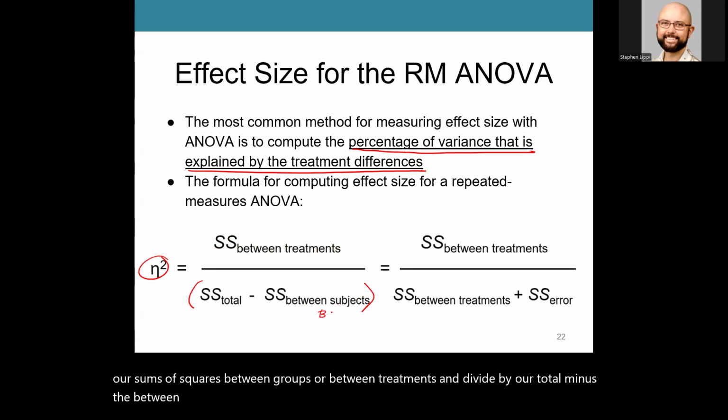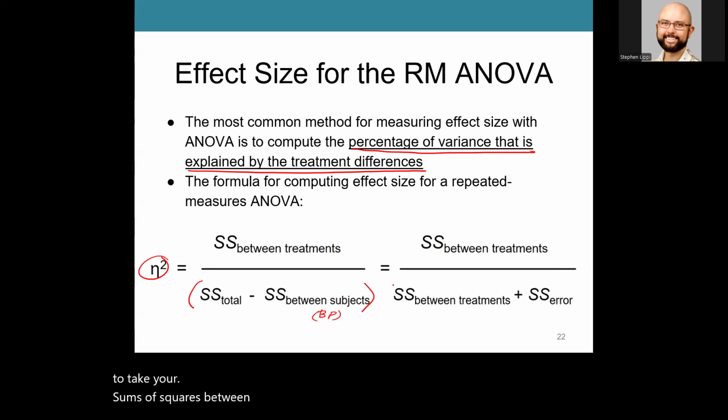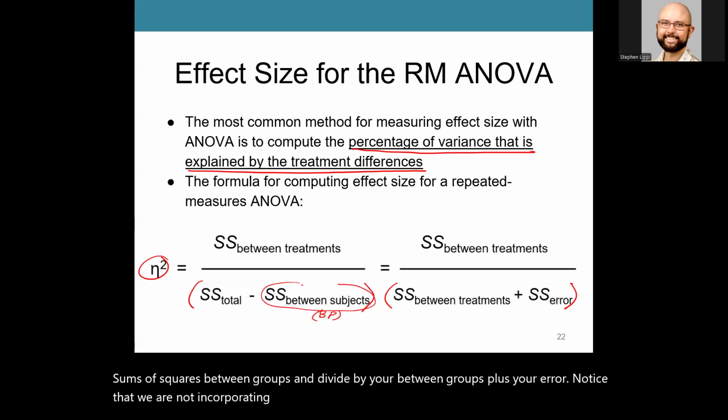This is that between persons component. Another way to write this is to take your sums of squares between groups and divide by your between groups plus your error. Notice that we are not incorporating the between subjects component. Okay, so just keep that in mind when you're looking at effect size.